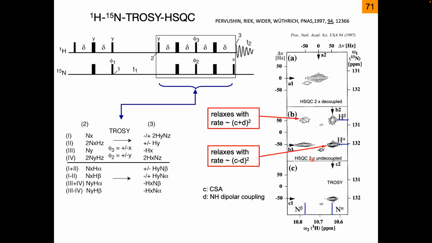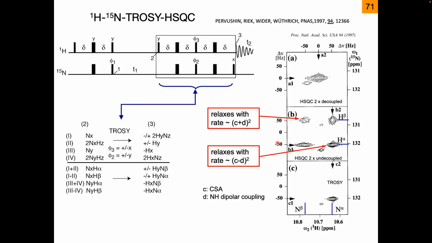And I don't want to explain much about this, but the basic figure is this one. So if we don't decouple in an HSQC, proton nitrogen HSQC, in both dimensions, you will get a splitting of the peak into 4. And one of these 4 peaks, this one here, relaxes with the difference of the CSA and the dipolar coupling squared.